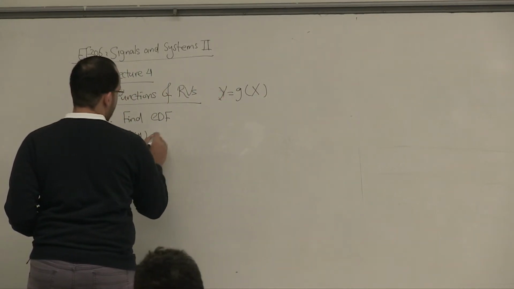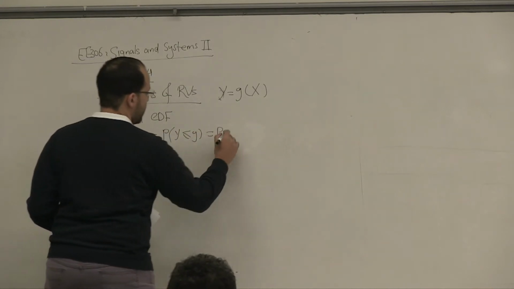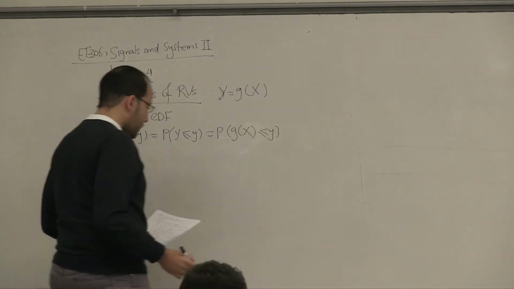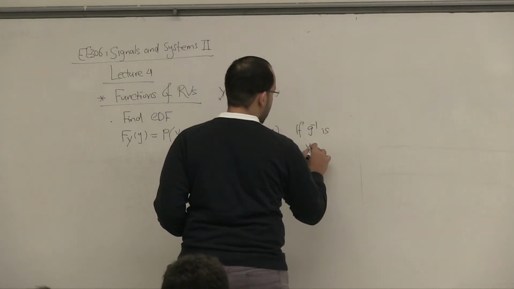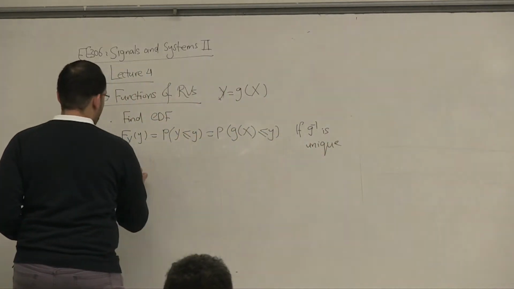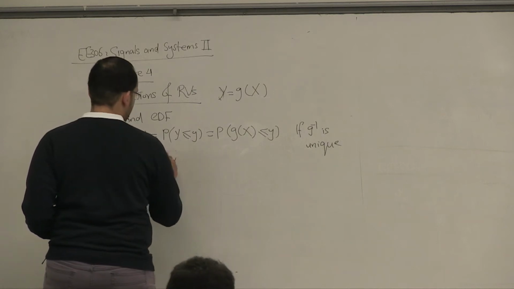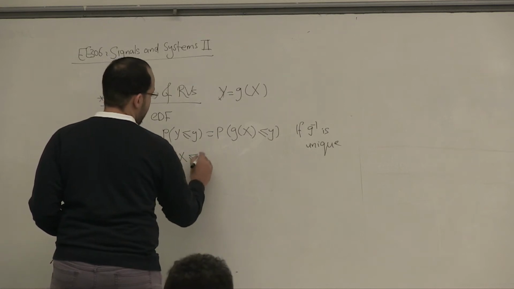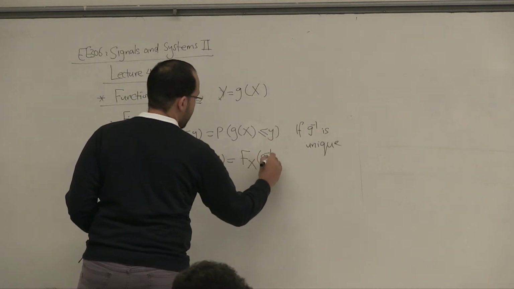Fy of y is the probability that Y is less than or equal to y, which is the probability that g of x is less than or equal to y, under the condition that if g inverse is unique, we can immediately write Fy of y as Fx, or the probability first. Let's do it using probability. The probability first that x is less than or equal to g inverse of y, which is essentially Fx of g inverse of y.